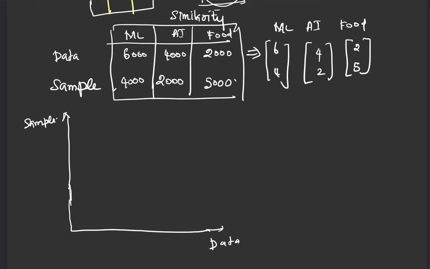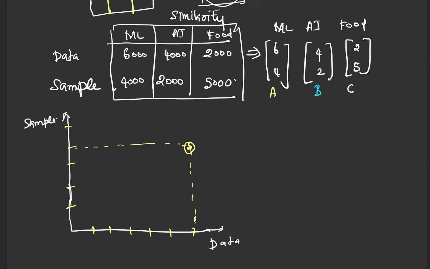On the x axis it is 6 and on the y axis it is 4, and it comes here. So, this is our first vector. Let us consider this is vector A, this is vector B and this is vector C.